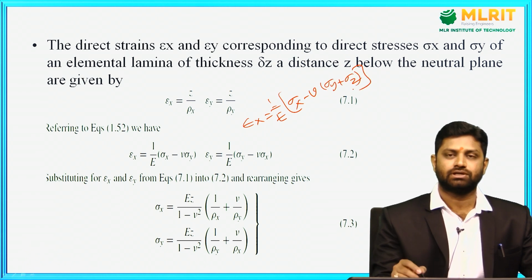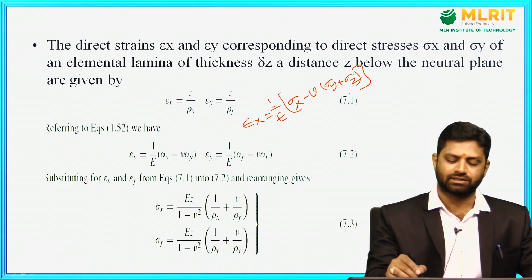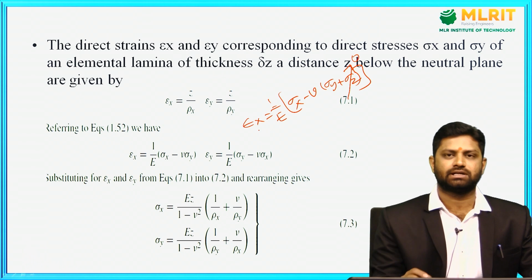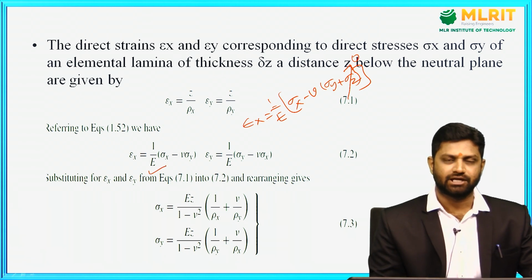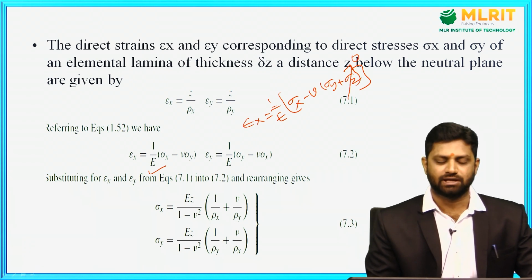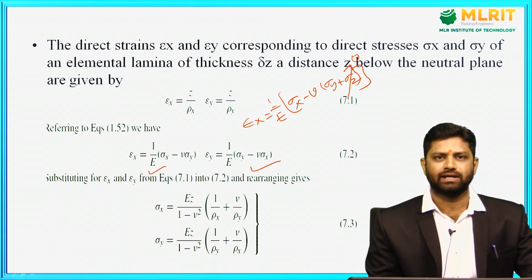Here sigma z is the stress in the third direction, that is the z direction, which you can assume as 0 because we are considering a thin plate in which we only have two dimensions, sigma x and sigma y. You can rewrite this equation, so you get epsilon x equals 1 by E into sigma x minus nu into sigma y. And similarly, you can write epsilon y, that is equal to 1 by E into sigma y minus nu into sigma x.